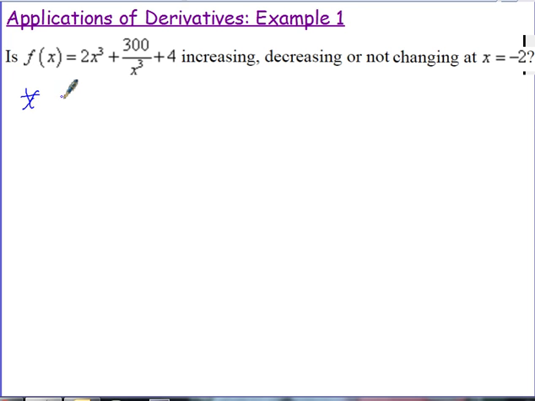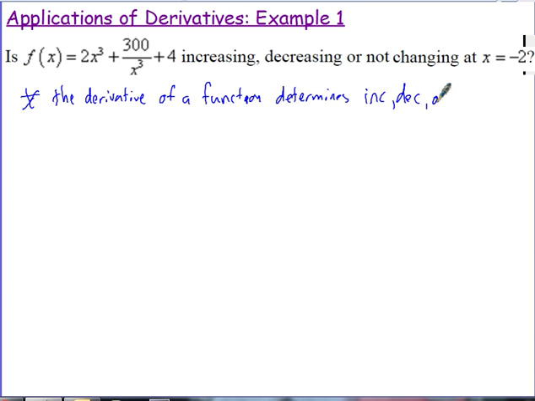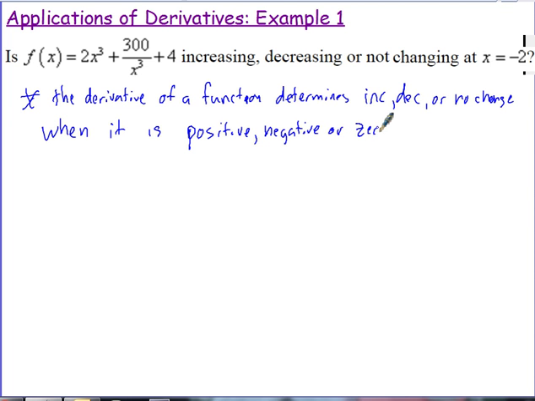Because remember, the derivative of a function determines increasing, decreasing, or no change when it is positive, negative, or 0, respectively.